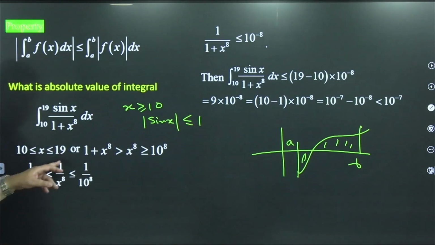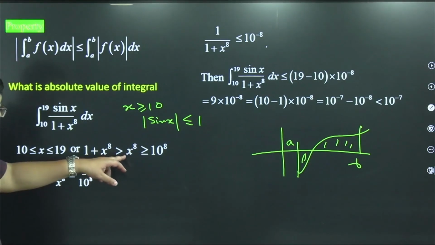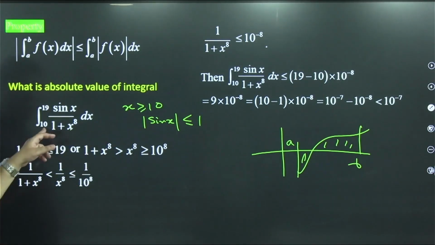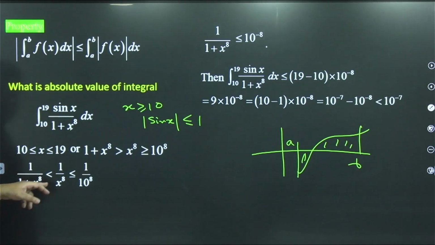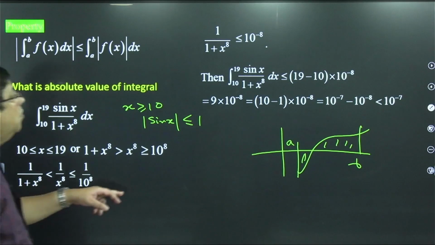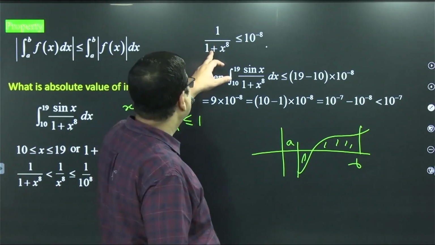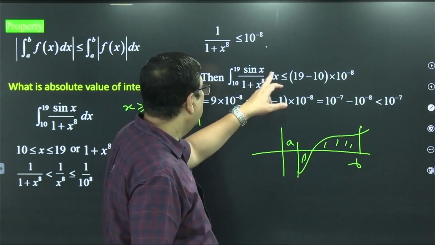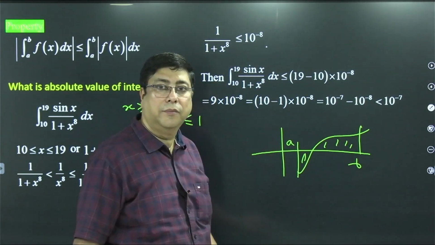So 1 plus x to the power 8 is greater than x to the power 8, which is greater than x to the power 10 if we take the minimum value. Now 1 by 1 plus x to the power 8 is less than or equal to 10 to the power minus 8. Just put the value and we get the result.